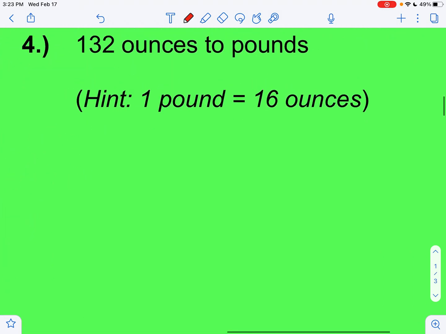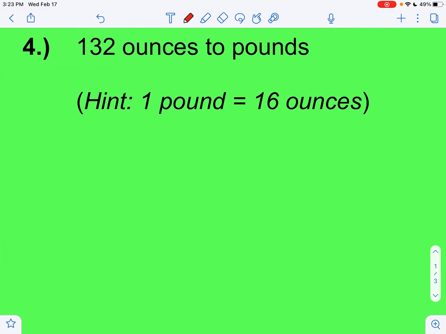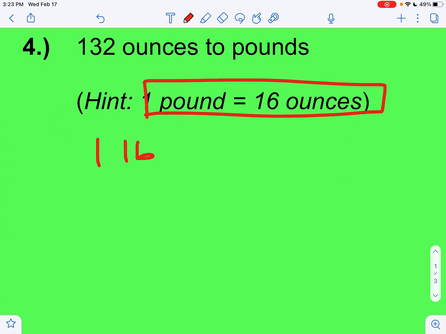All right, and our last problem of these ones. 132 ounces to pounds. And they tell us 1 pound is equal to 16 ounces. So let's write that. Pound is abbreviated as LB, kind of weird, but that's what the abbreviation is. And ounces is OZ, if you don't want to write it out all the way.